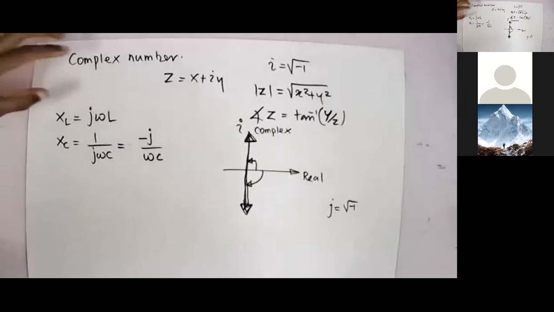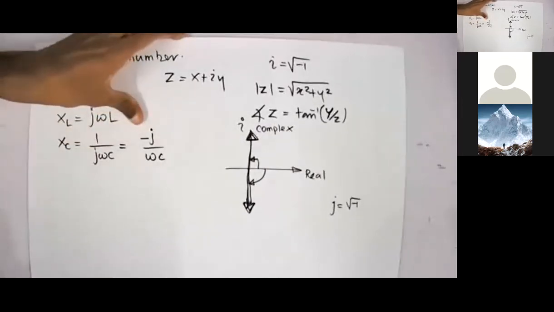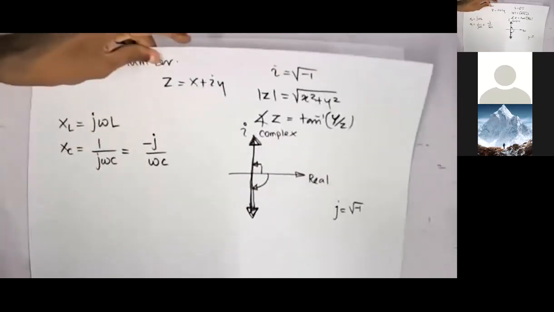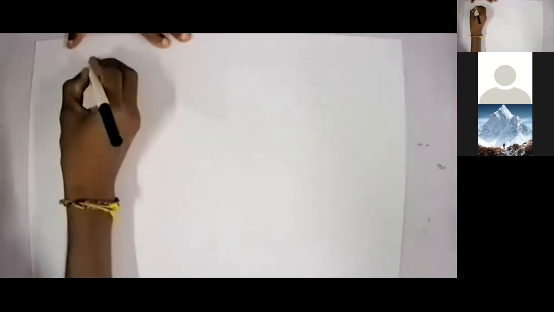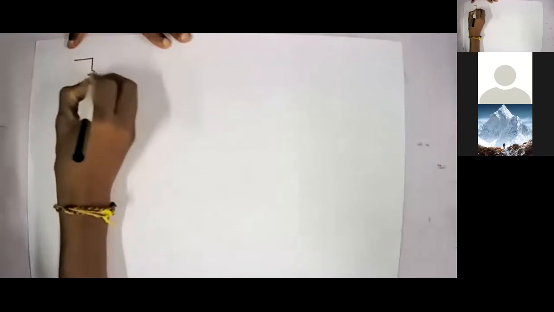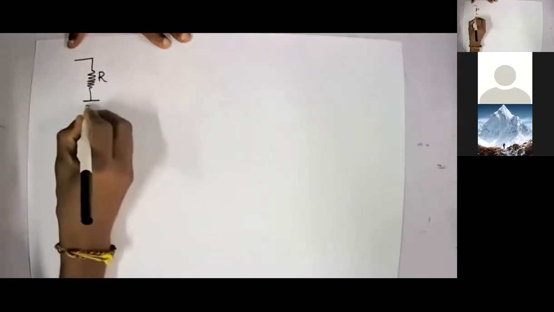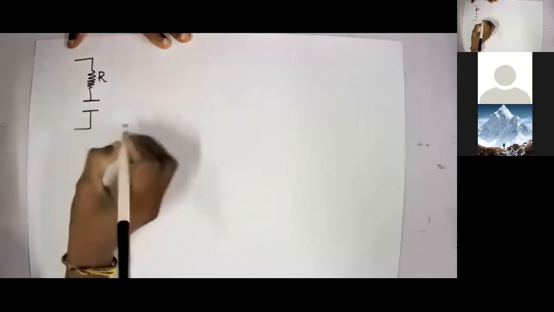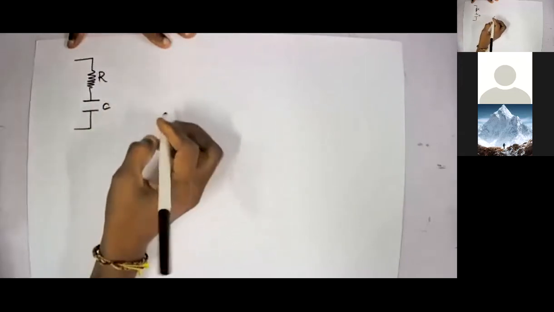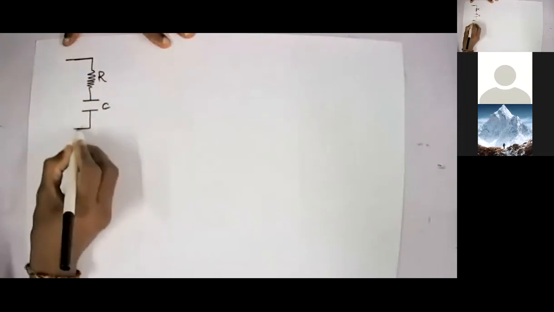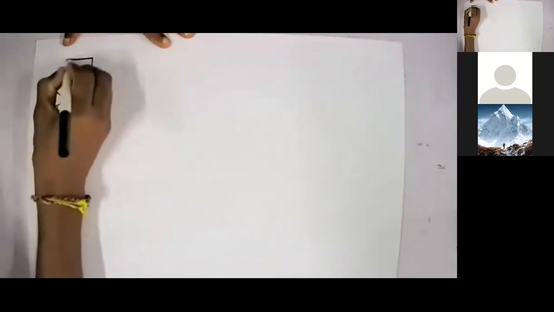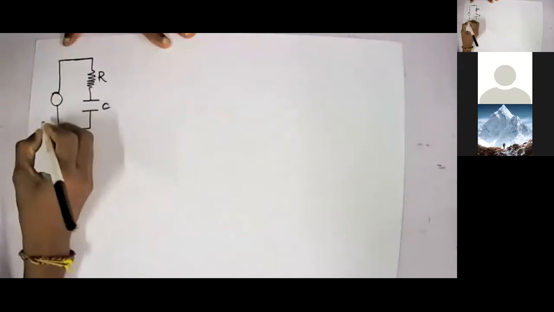You can use this notation to simply solve problems. Now, consider a combination of a resistance R and a capacitor C. I have connected this to a sine wave source, which is E naught sine omega t.